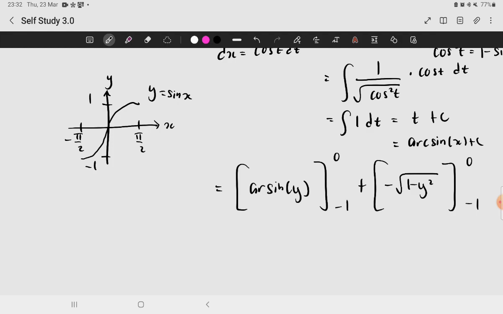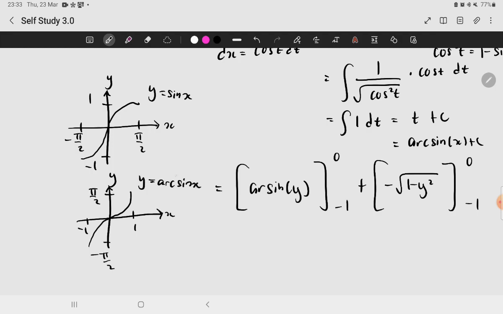So the arcsine will be in this form. If I'm not mistaken, here will be pi over 2 and here will be negative pi over 2, with x from -1 to 1.